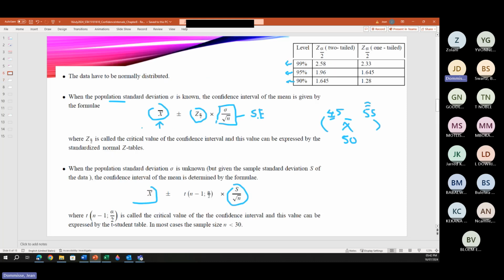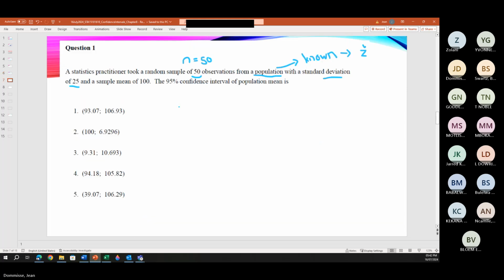And so let's look at what that formula is. It's the mean, we'll get those things now to replace, plus or minus Z times the standard error. Okay.